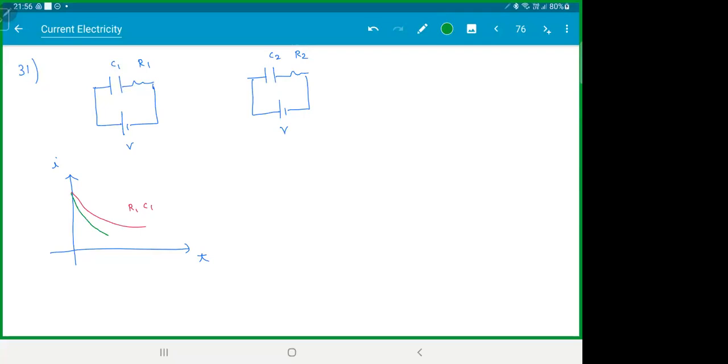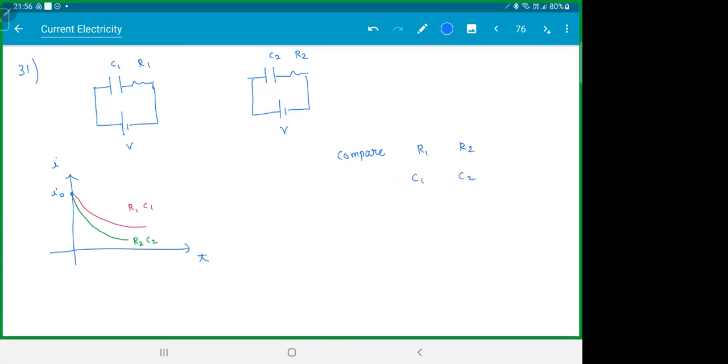Another graph was like this, R2 C2. Initially, the value starts from the same point. So the question is, compare R1, R2, compare C1, C2, which is greater.